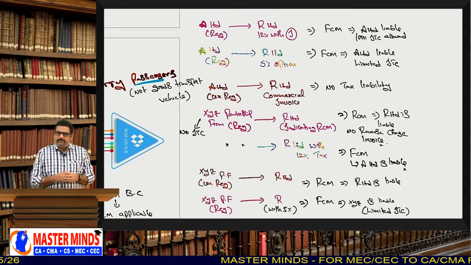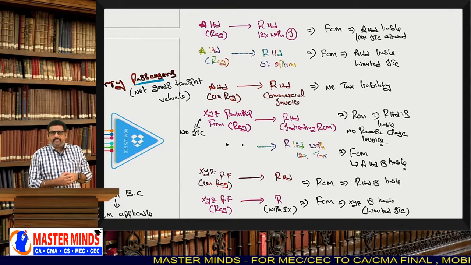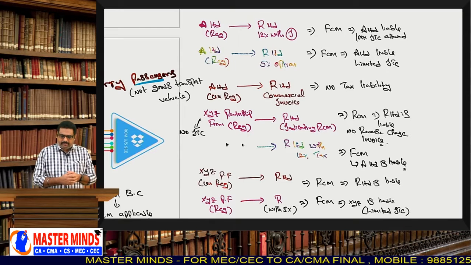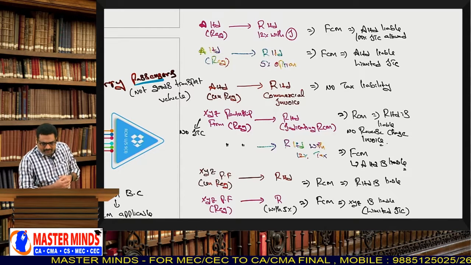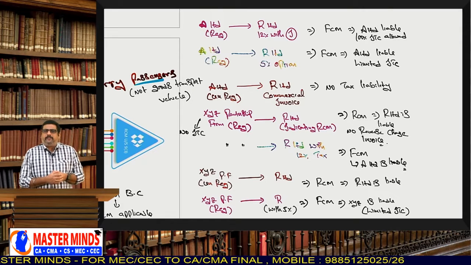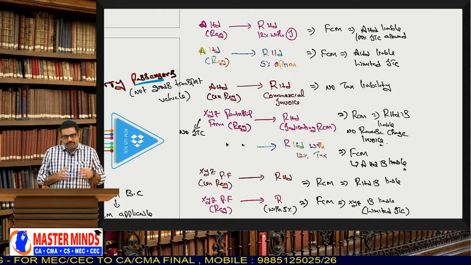And if the example is modified like this: A Limited to R Limited. A Limited is a registered person and R Limited is also a registered person, and in that invoice we just take the 5% option.